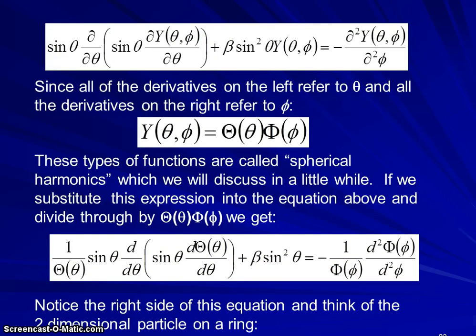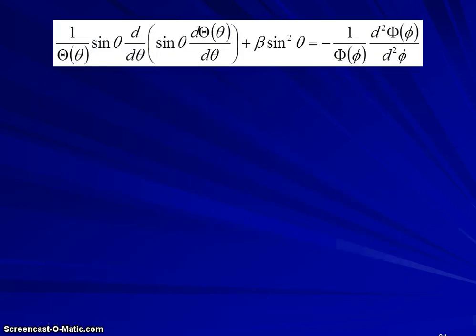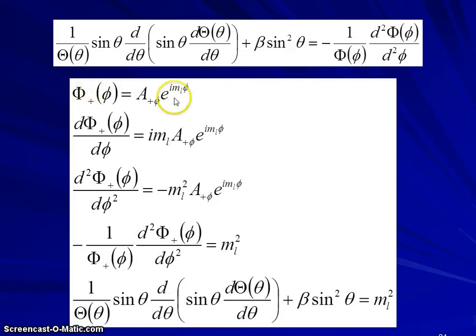And look at the right side of the equation and go back to previous slides, previous videos, and see how that reminds you of the setup for the particle on a two-dimensional ring, the two-dimensional rotation case. All right, now look at what happens here mathematically. If we use the function that we talked about for the phi case, the derivative of that is i m sub l times the original function.